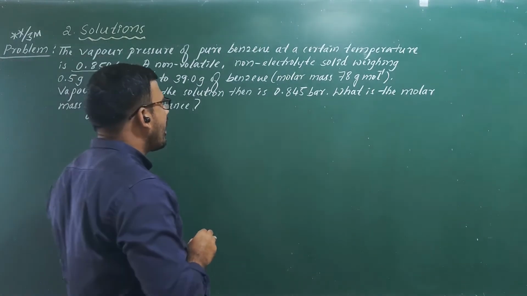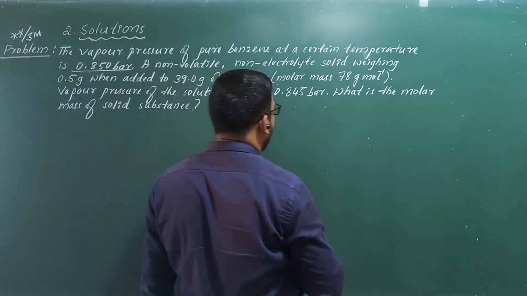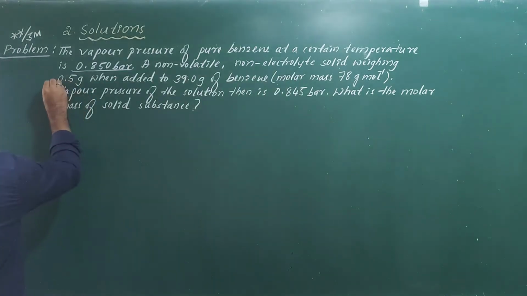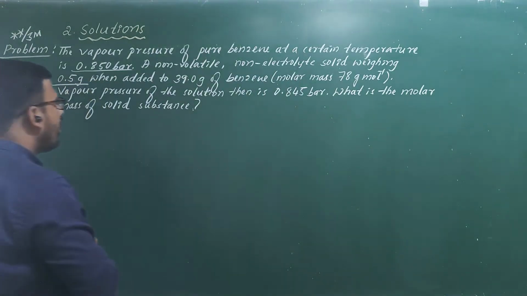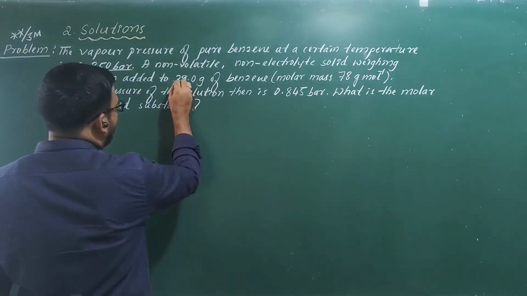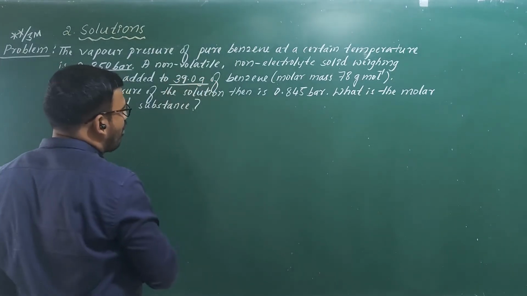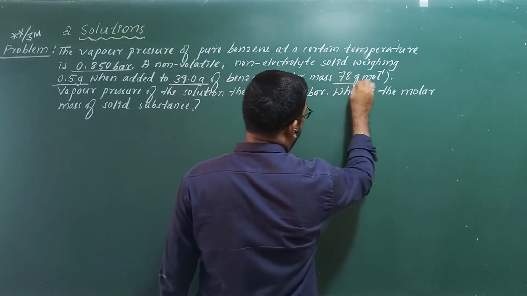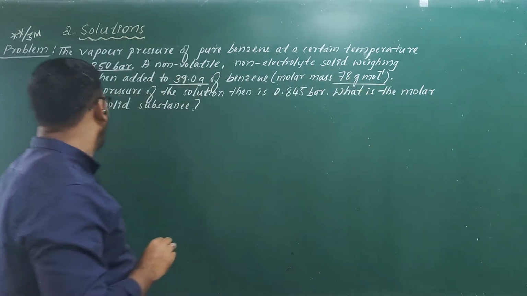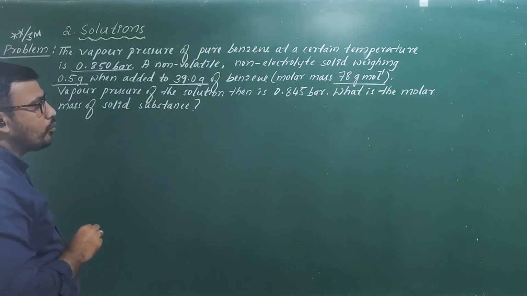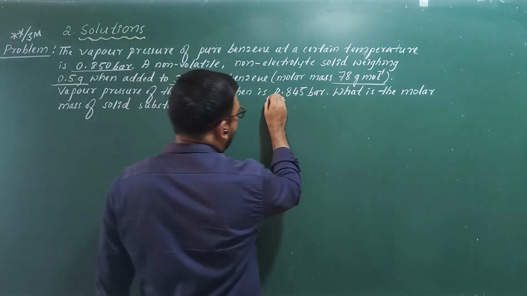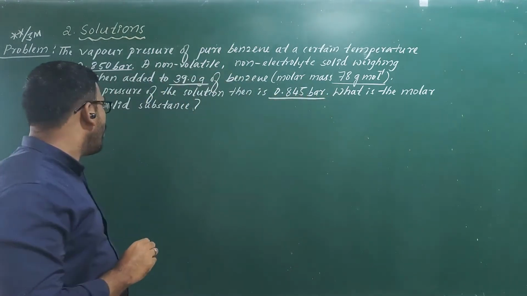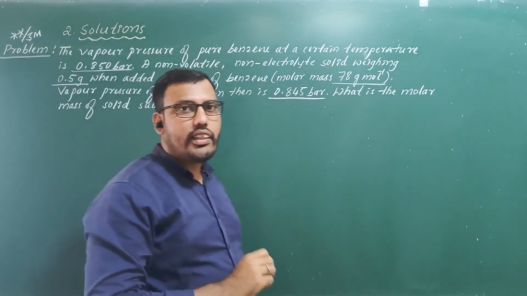A non-volatile, non-electrolyte solid weighing 0.5 gram when added to 39.0 gram of benzene, whose molar mass is 78 gram per mole, the vapor pressure of the solution then is 0.845 bar. What is the molar mass of the solid substance?